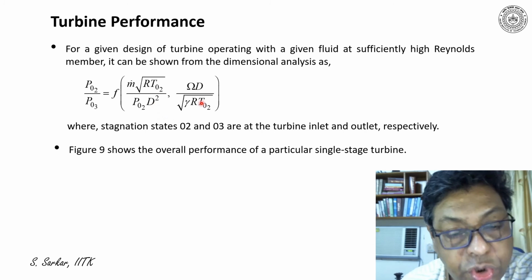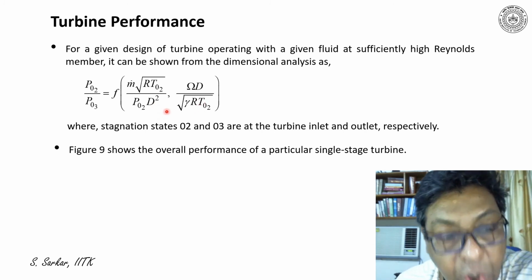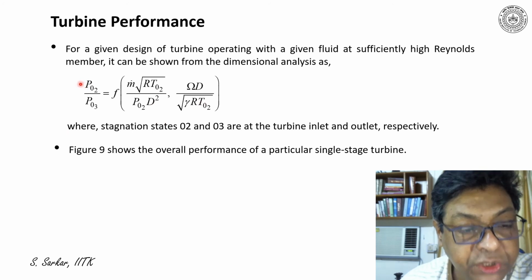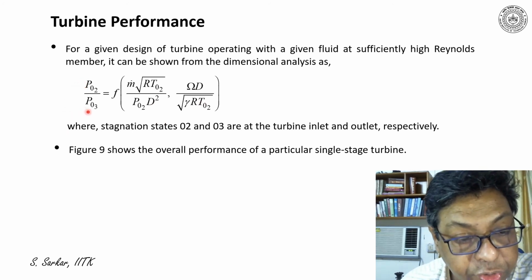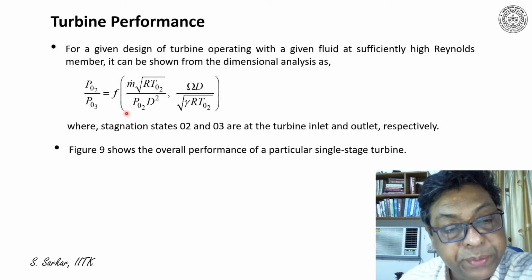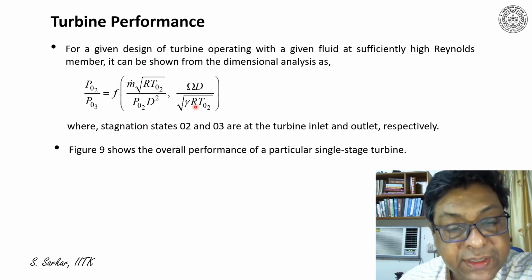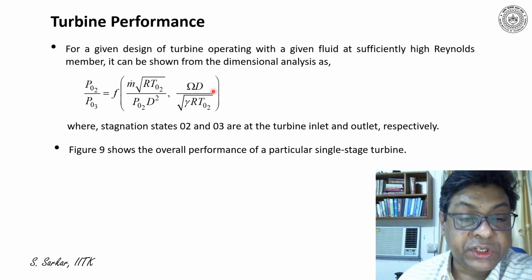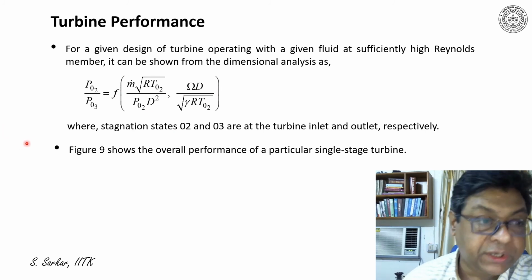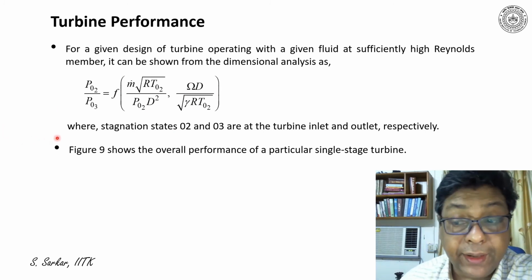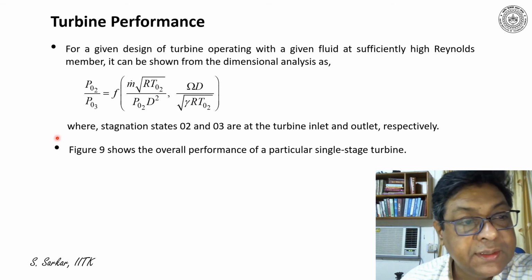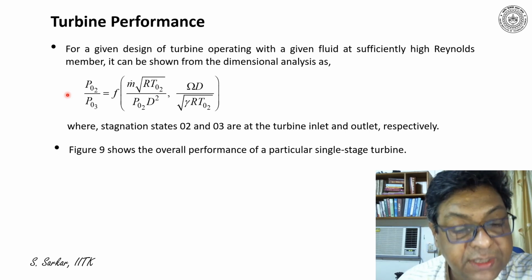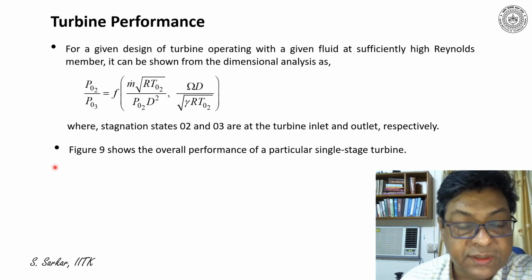These are not truly non-dimensional. However, I can express P02 by P03 as a group of representative mass flow rate and the speed of the machines, where the state points 02 and 03 indicate the inlet and exit condition of the turbine. Now, using this equation, we have indicated the overall performance of a single stage turbine in the next slides.